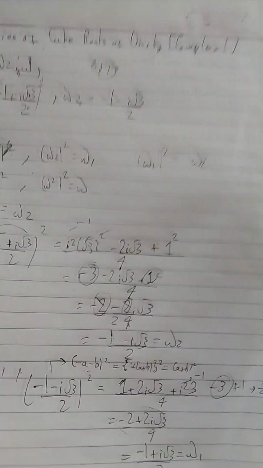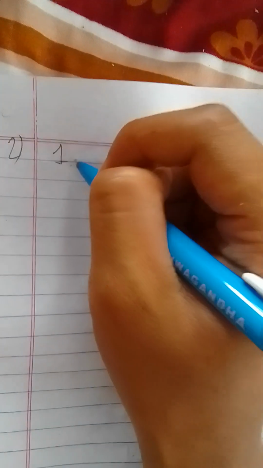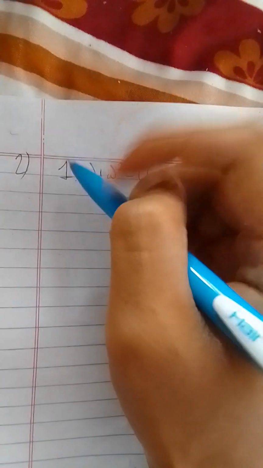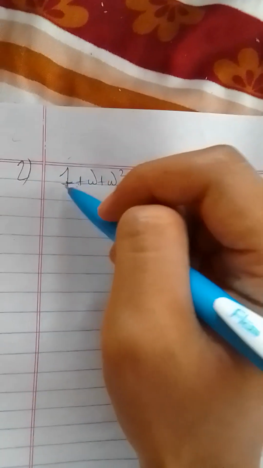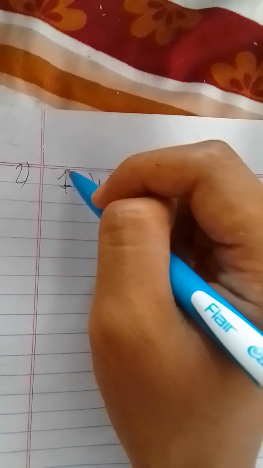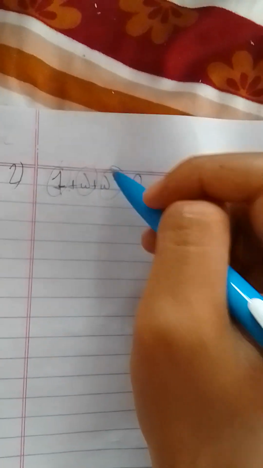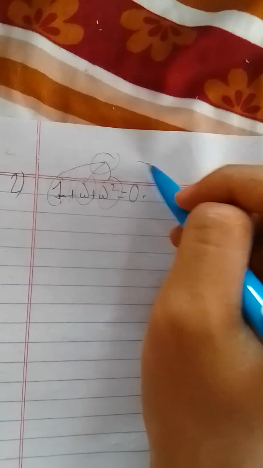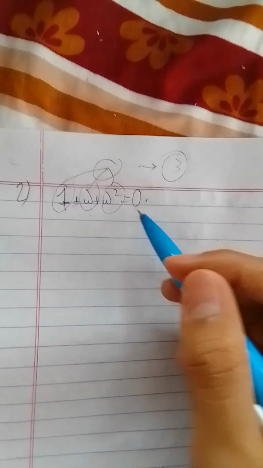Now for the second one, another interesting property, that 1 plus omega plus omega square equals 0, or that the sum of cube roots of unity is 0. Well, both complex and the real, all three, because there are only 3 values for cube roots, equals 0.